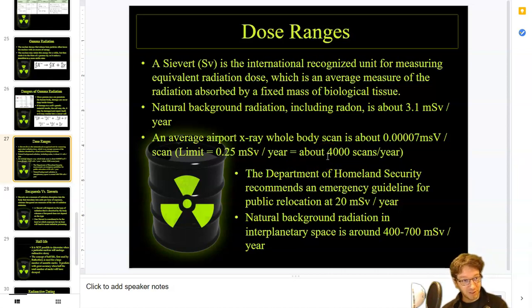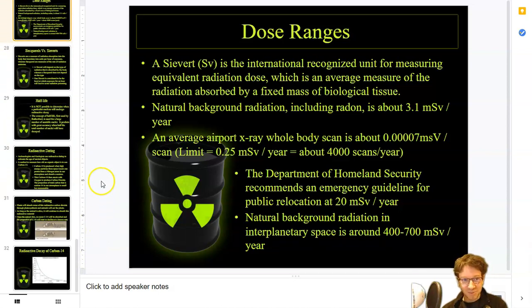I really hope you're not getting 4,000 X-rays per year. I don't know anybody who is. However, you do have people whose occupation is to work with X-rays, such as dentists. And of course, because they're constantly using them, they usually, as you notice, leave the room and have protection or things like that. Right?